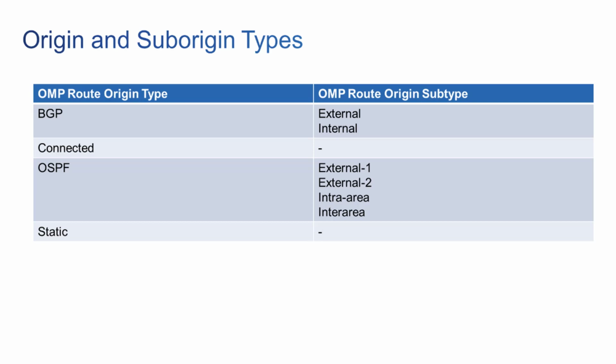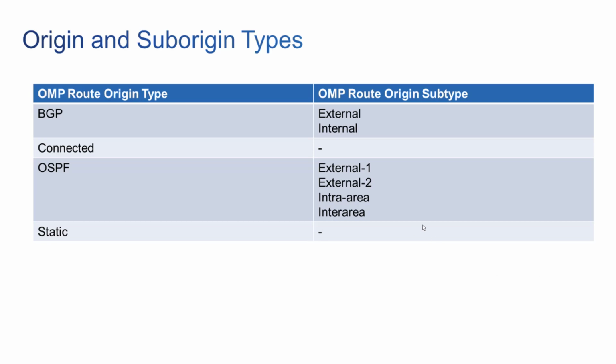Then we have our intra-area routes, which are routes learned within an area, and our inter-area routes, and those are the subtypes for those. Static routes don't have a specific subtype. OMP also carries the metric of the original route. The only time you would ever see a metric of 0 would be if it's a connected route in this scenario.